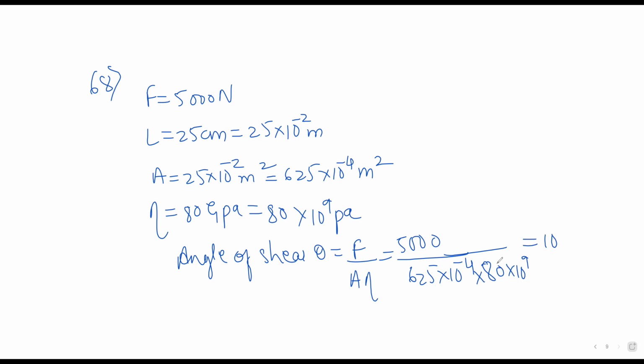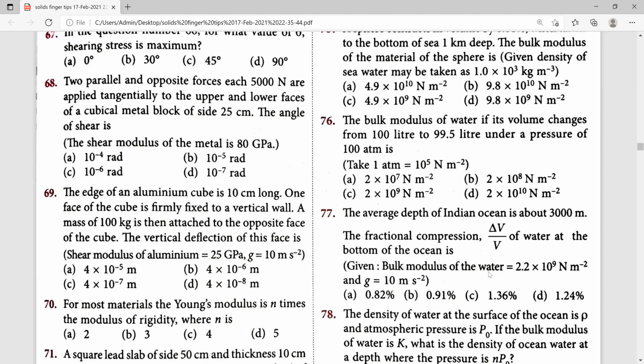So after simplifying, we get this as 10 to the power of -6 radian. According to this, for the 68th one, which one is the right answer? C one is the right answer.